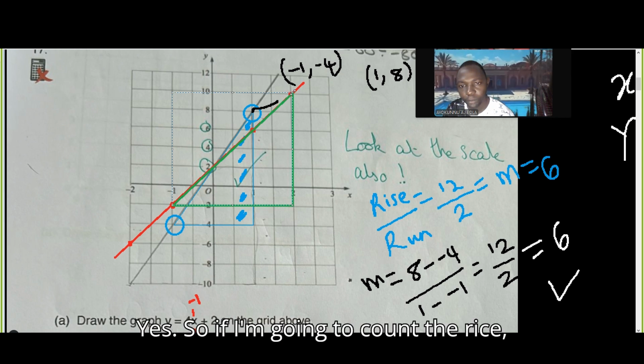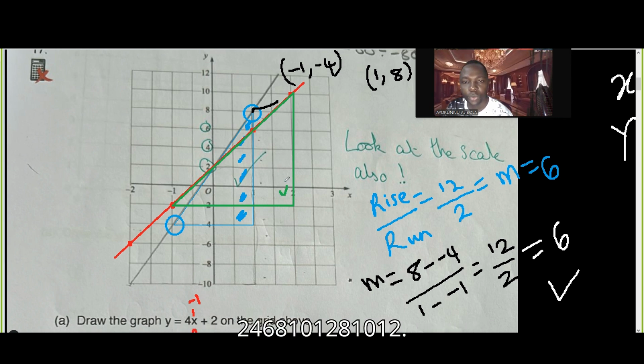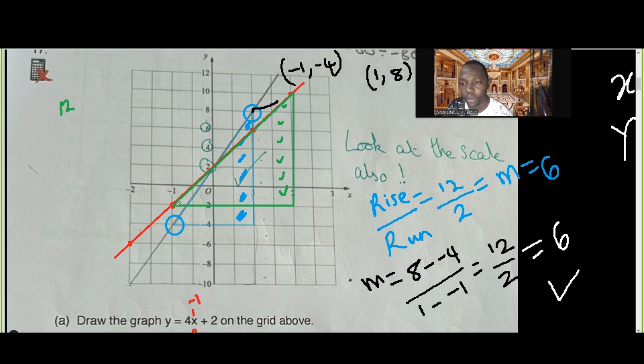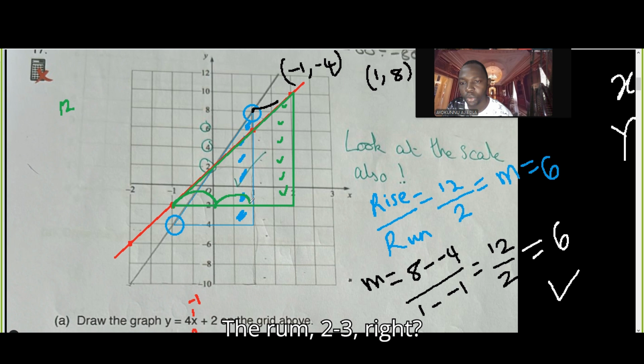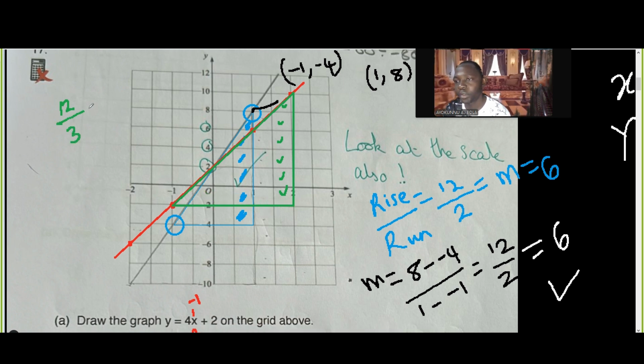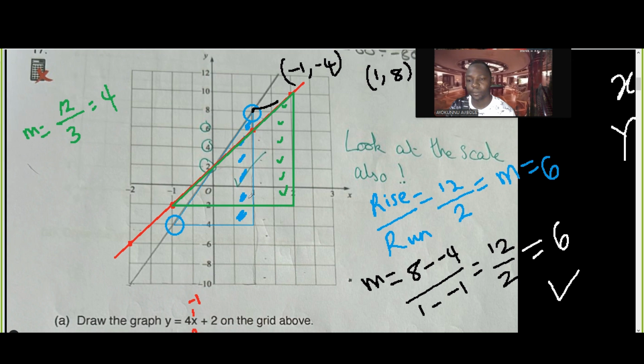If I'm going to count the rise, what's going to be my rise now? 2, 4, 6, 8, 10, 12. This is 12. What about my run? 1, 2, 3. So that's 12 over 3, and that'll be what? 4. So that means the gradient is correct, okay?